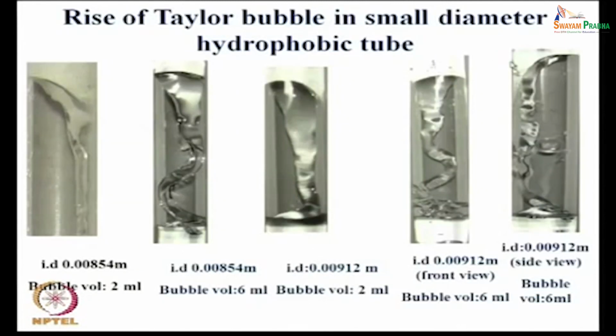It forms a rivulet sort of a thing which has a meandering motion, and the water flows as a rivulet while the bubble with a pointed sort of nose rises up. The shape becomes completely asymmetric and very different in the case of a hydrophobic tube, and very interestingly the rise velocity becomes faster for the hydrophobic tube as compared to the hydrophilic tube.